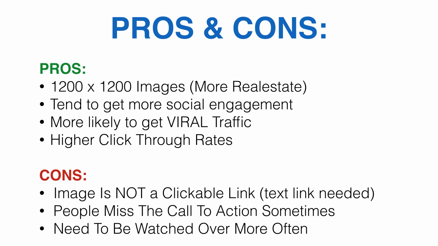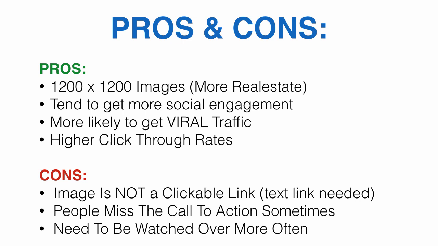Now, because these ads get more attention, they tend to get also more social engagement. These are very sociable types of ads. So you're going to get more shares, more comments, and more likes on this specific ad type. All right. Now with that comes a lot of viral traffic. You see, viral traffic on Facebook comes mostly from shares and tags.